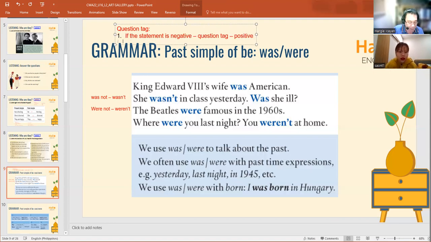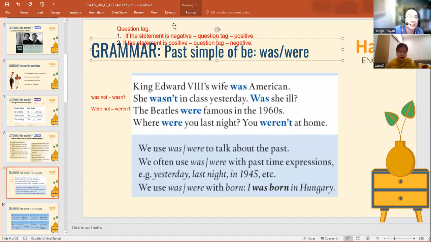Rule number two: if the statement is positive, the question tag should be negative. Okay? So that will be it.